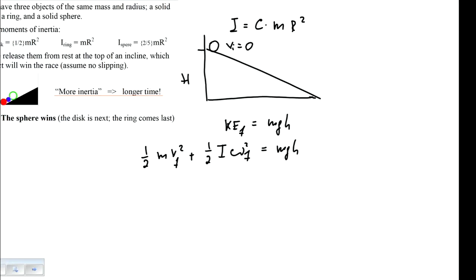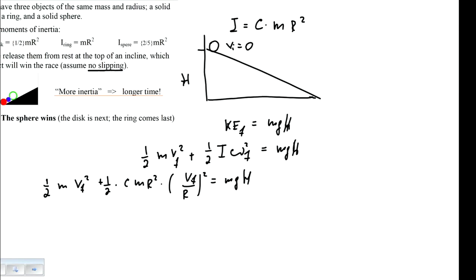And let's keep it consistent, capital H, capital H, capital H. So 1/2 m v final squared plus 1/2 times the moment of inertia, angular speed, coupled because it's with no slipping, m goes away, r goes away.